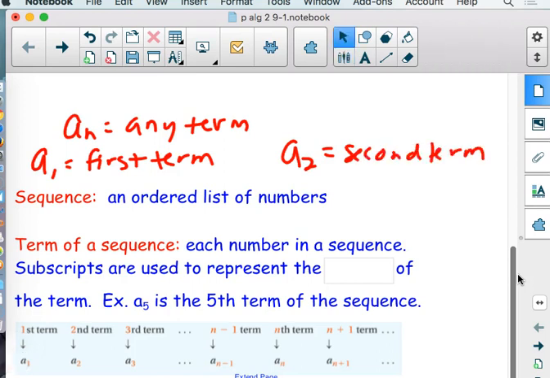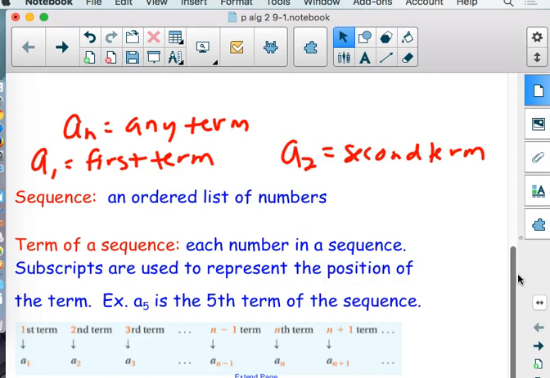We have to have some notation in math to tell people this is the first one, this is the second one, this is the third one, and so on. Those are called subscripts, and we've seen them before. They are just small numbers to the right. It's not a full-size number. It's small, to the right, and below just a little bit. That's why it's called sub, like a submarine, below. Subscripts are used to represent the position.